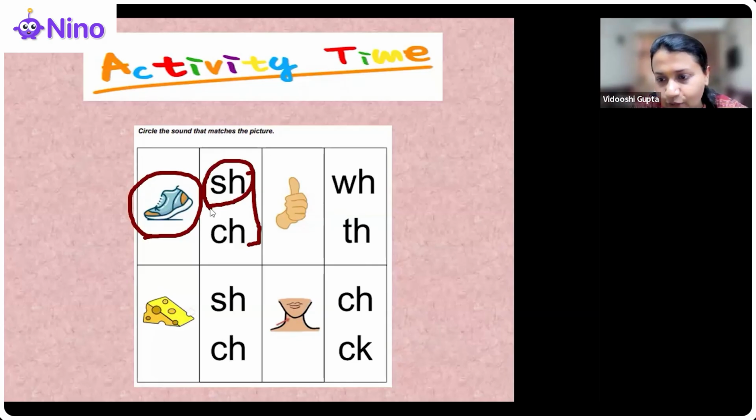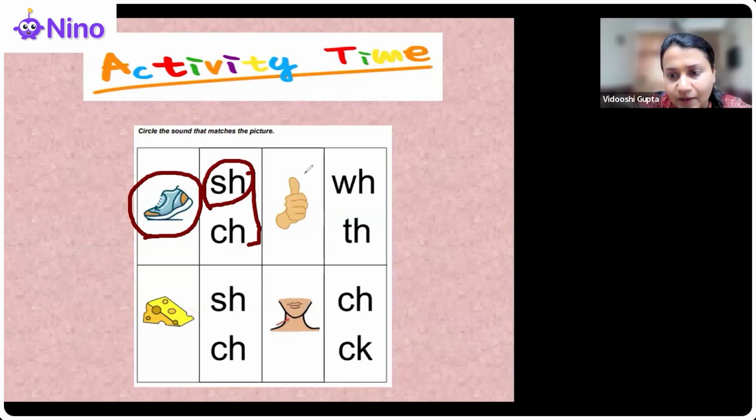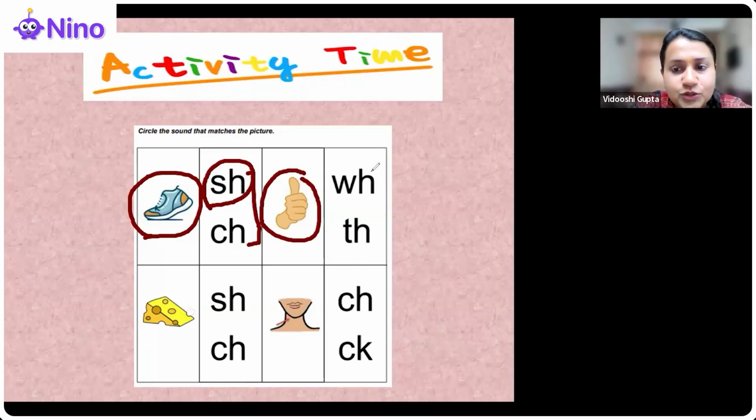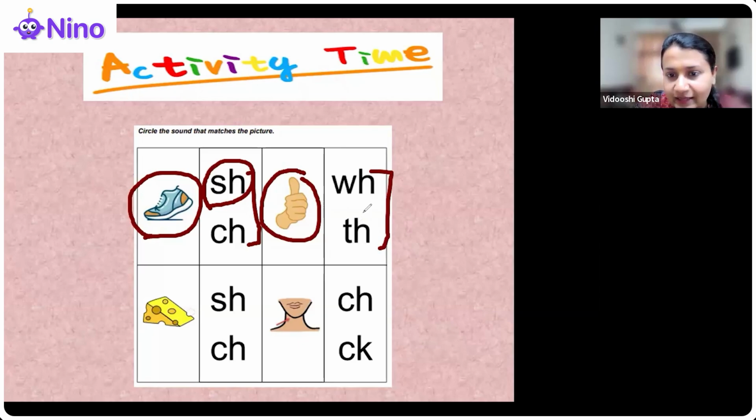Great. Thank you. Okay. Arohi, you want to answer? You answer the second one. What is this? The second picture that I've circled. What is this called? Thumb. Very good. So which diagram are we choosing for thumb? TH. Okay, correct. It is TH.